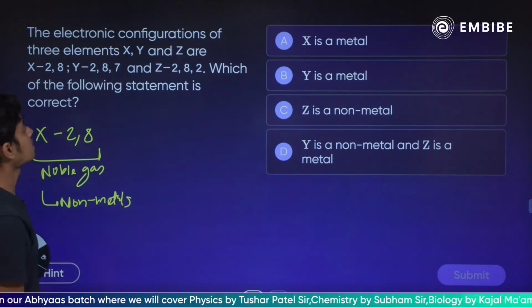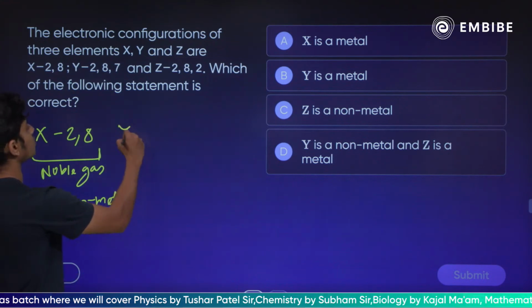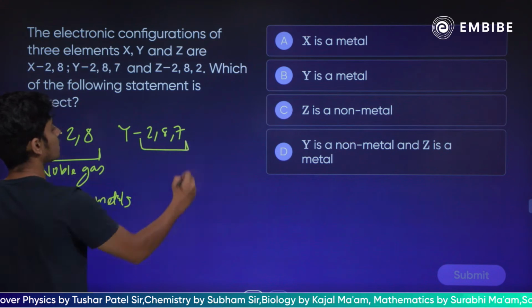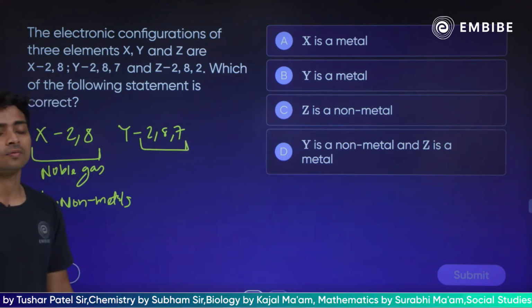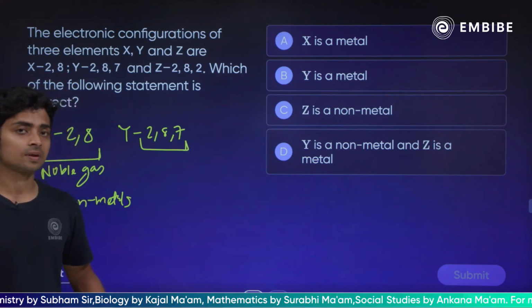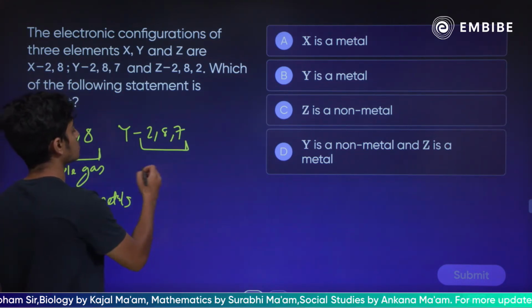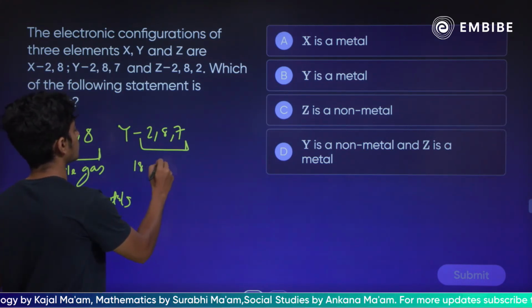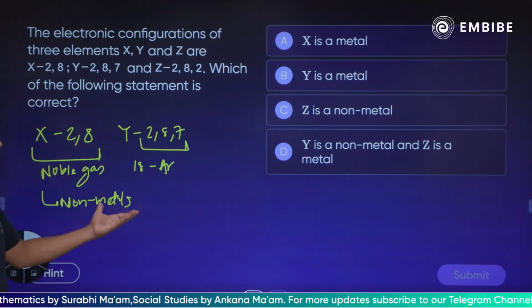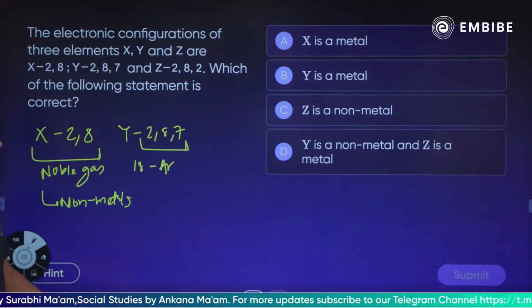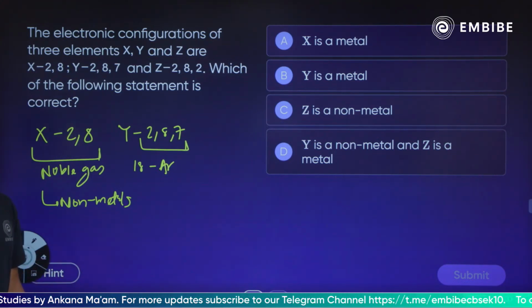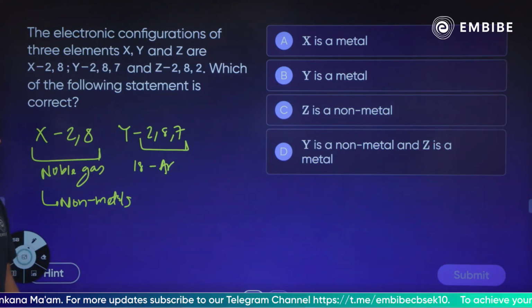Next is Y. Y has electronic configuration of 2, 8, 7. Thus if it gains one electron, it can form the nearest noble gas configuration, which is 2, 8, 8, the element argon. Argon is a noble gas, so it will try to gain an electron, either by forming an ionic bond or by sharing electrons in a covalent bond.